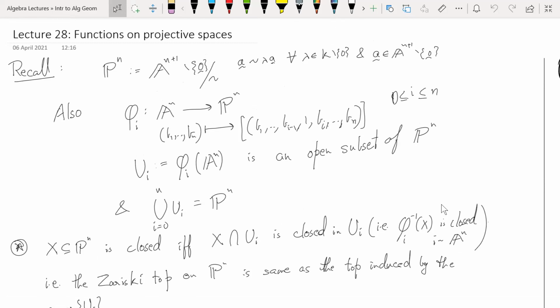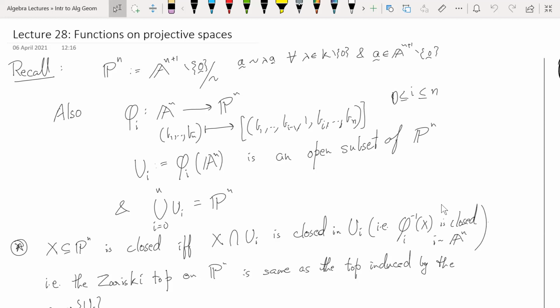So one way we decided, I told you, one can give a topology on Pn is to say that the Ui's are open subsets of Pn, and a subset X of Pn is closed if and only if the pre-image of X under phi_i is Zariski closed in An for all i.